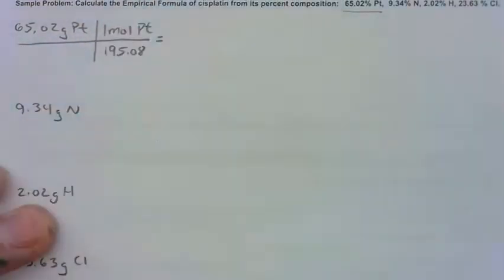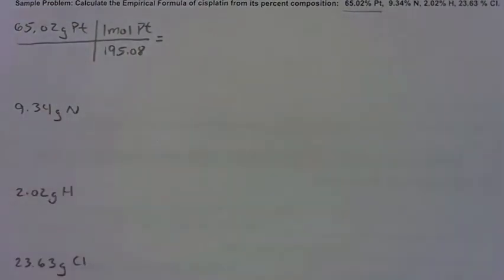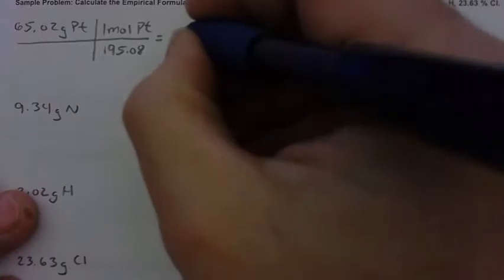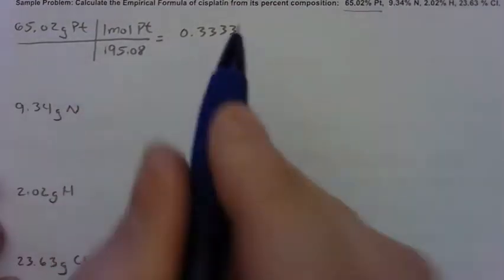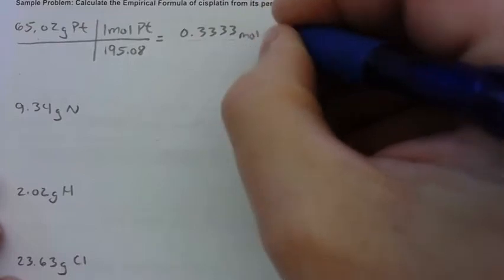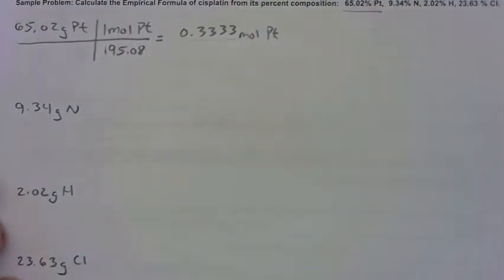On my calculator, I go 65.02 divided by 195.08, and I get 0.3333. Since this has 4 significant figures, I want to have that go out to 4 sig figs as well. And that's moles of platinum.